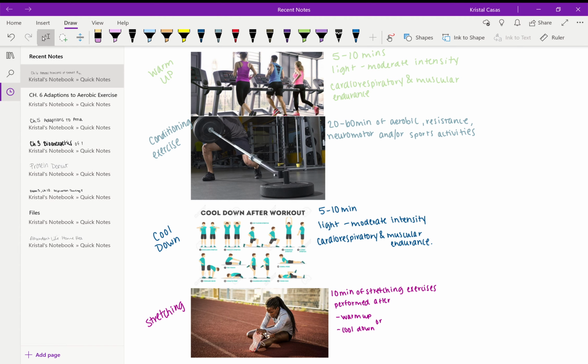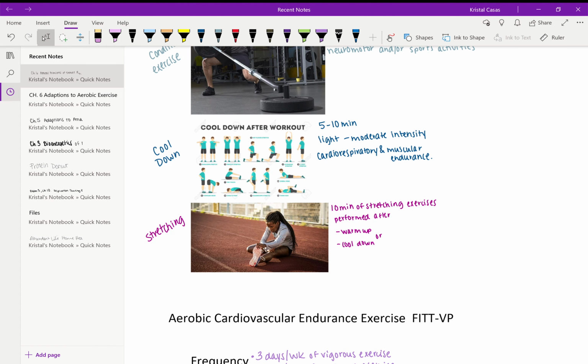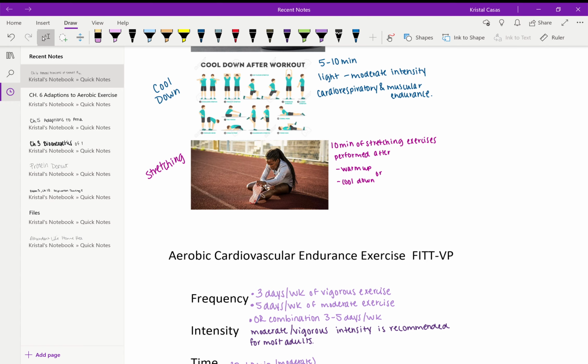You could do lifting weights or a specific muscular exercise, and it could also include neuromotor. 20 to 60 minutes of aerobic resistance exercise. And then we have the cool down, 5 to 10 minutes, light to moderate intensity, including cardiorespiratory and muscular endurance. And then we have stretching, 10 minutes of stretching. It's really good to do it after either a warm-up or after a cool down when the muscles are warm.